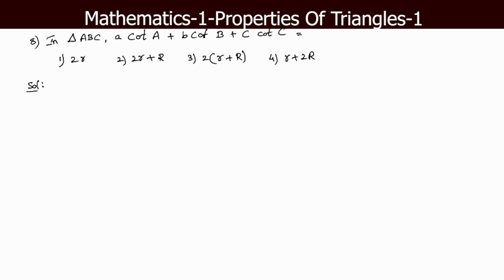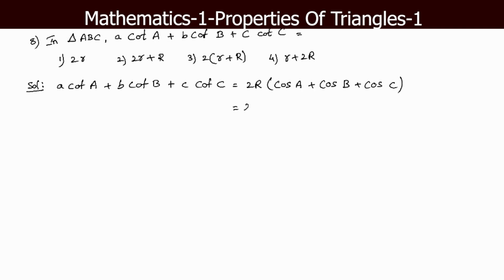Now, coming to the solution, a cos A plus b cos B plus c cos C is equal to, you know that, right? a is equal to 2R sin A, b is equal to 2R sin B, c is equal to 2R sin C. So then a cos A plus b cos B plus c cos C is equal to 2R into cos A plus cos B plus cos C. That is 2R into cos A plus cos B plus cos C, which is 1 plus 4 sin A by 2 sin B by 2 sin C by 2.